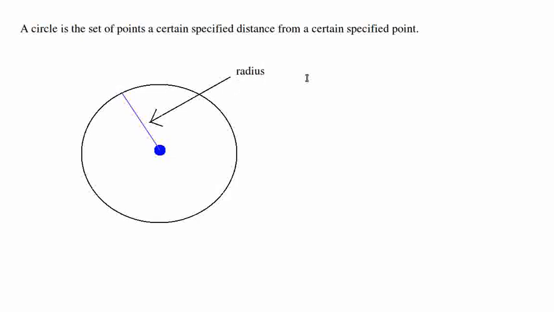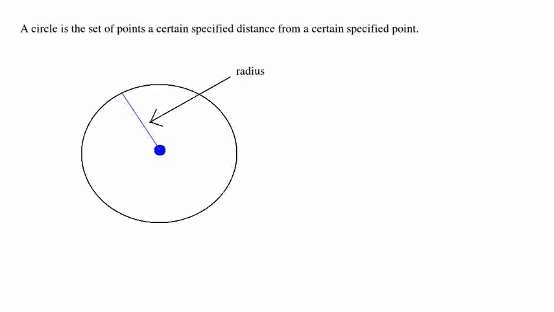Now, people will use the word radius to denote a line segment as well as the length of a line segment. So the length of that purple line segment people will refer to as the radius, but they'll also refer to the line segment itself as the radius. Okay? So keep that in mind.